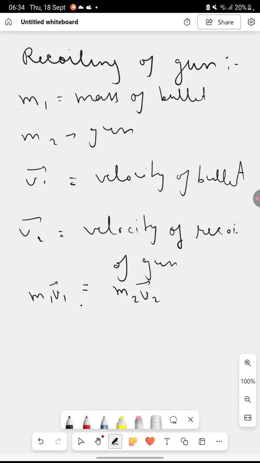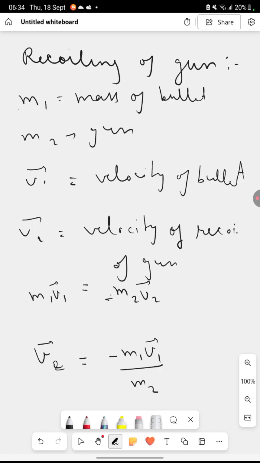But it will be in opposite direction, so negative sign. From here we can say v2 is equal to minus m1 v1 upon m2.